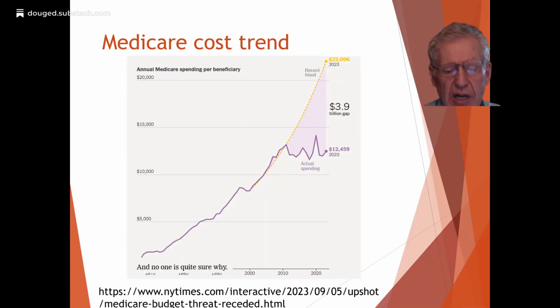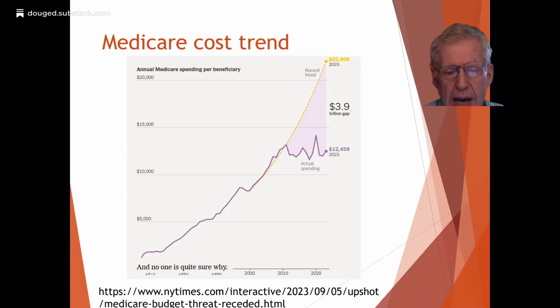Now this is an interesting trend. This comes from the New York Times on September 5th of 2023. So it's 2 years old. I couldn't find an updated version of exactly this. And what it shows is that between 2010 and 2023, the average cost of Medicare has tended to flatten out, the average cost per individual.